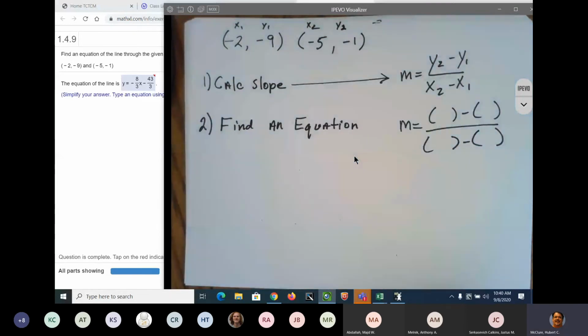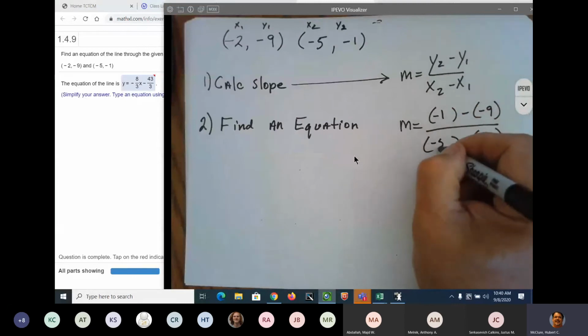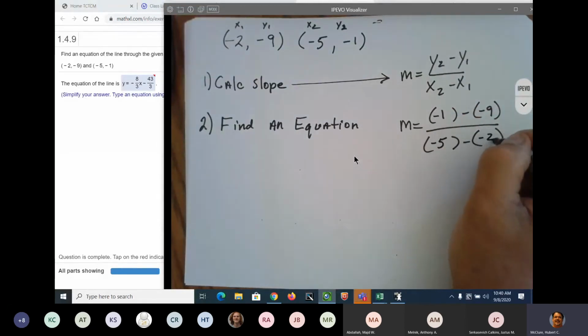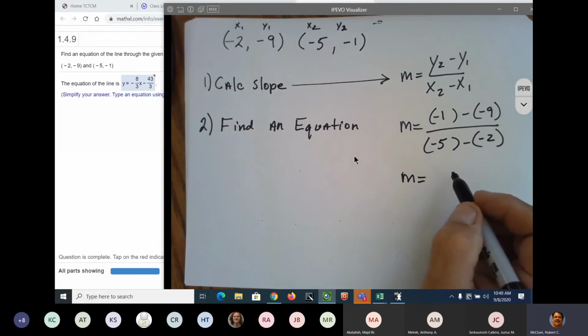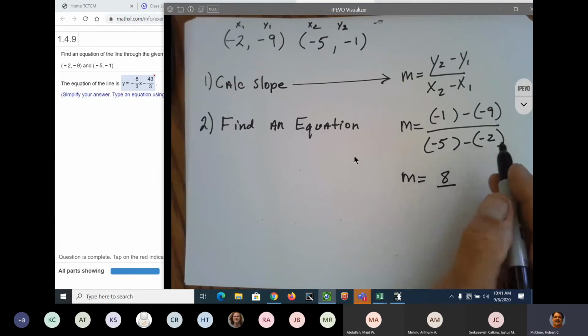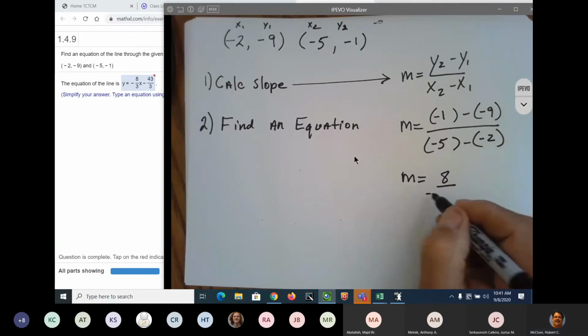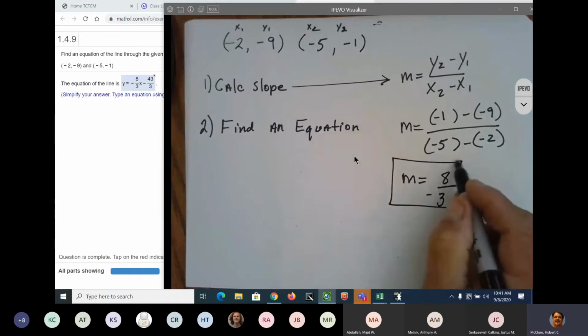So that's going to be negative 1 minus a negative 9, over negative 5 minus a negative 2. This is where those parentheses come in handy. So negative 1 plus 9 is 8. Negative 5 plus 2 is negative 3. So m is equal to negative 8/3.